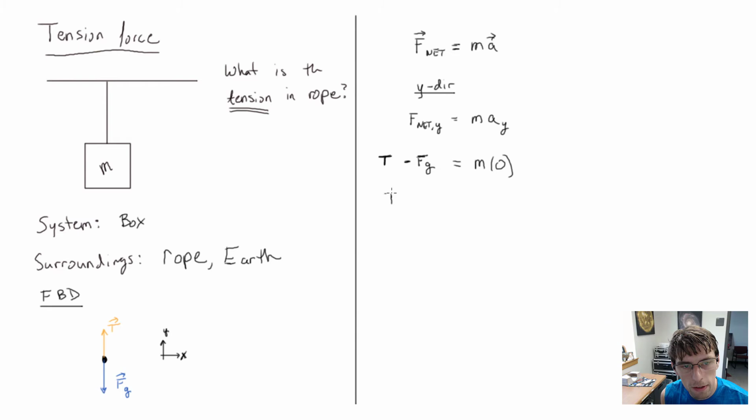So I've got my tension, minus mg is equal to 0. And so if I want to find the tension as prescribed in the problem, I'll move this mg to the other side, and I end up with tension is equal to the mass of the box times the acceleration due to gravity. And there is our final answer.